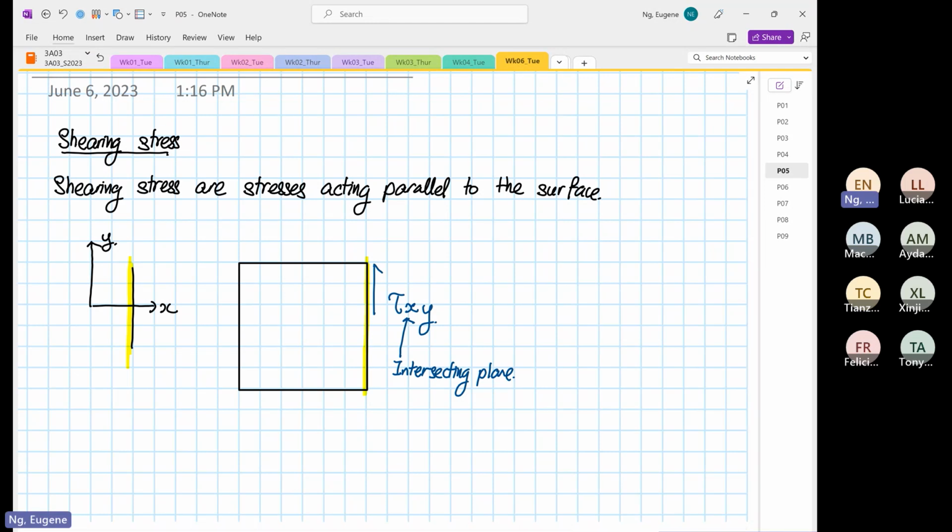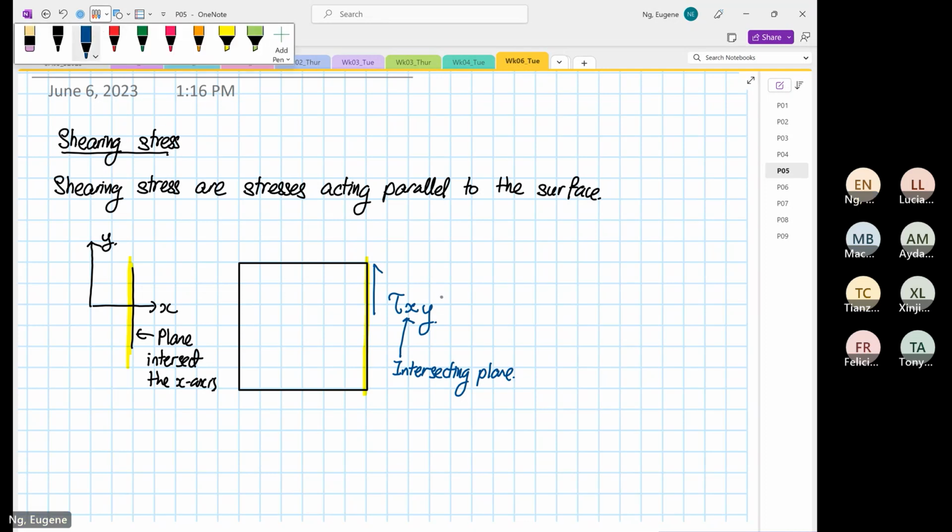So this plane intersects the x-axis. Okay, and then you see the next y over here.